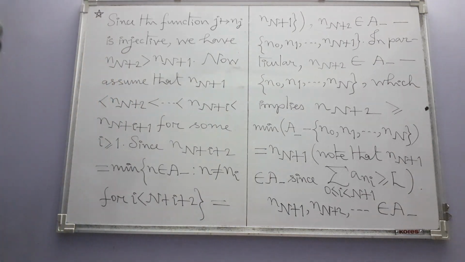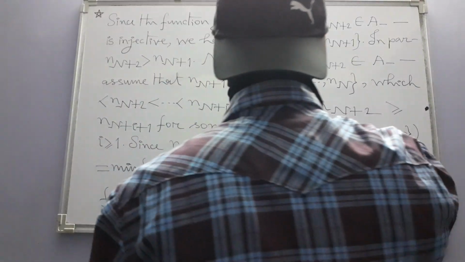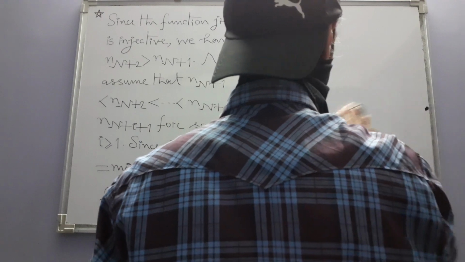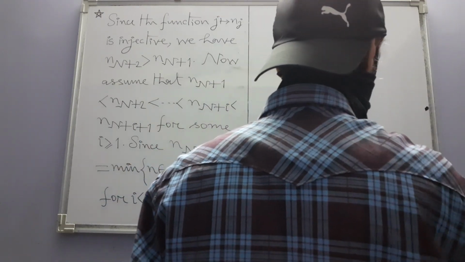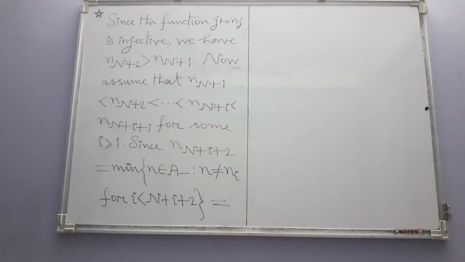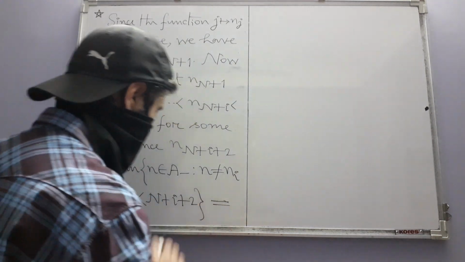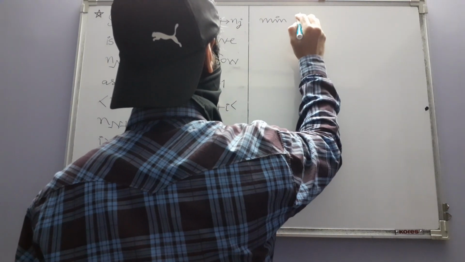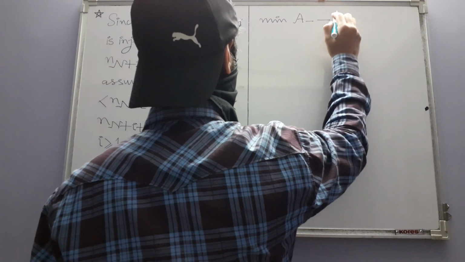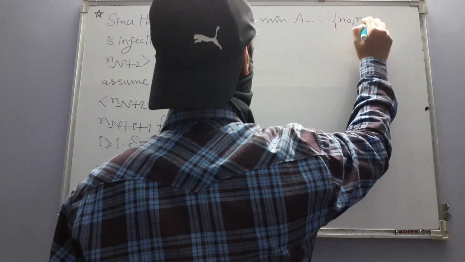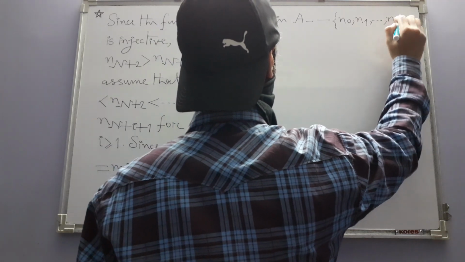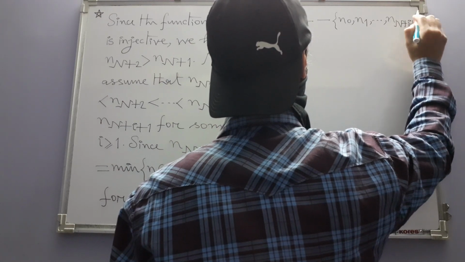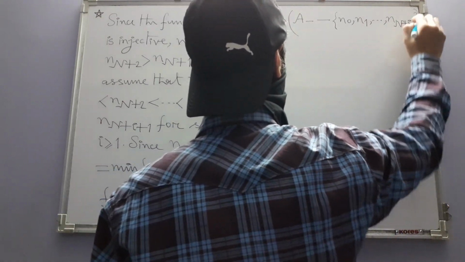But now that thing, just like that calculation, so this now becomes the minimum of A minus difference n plus I plus 1.